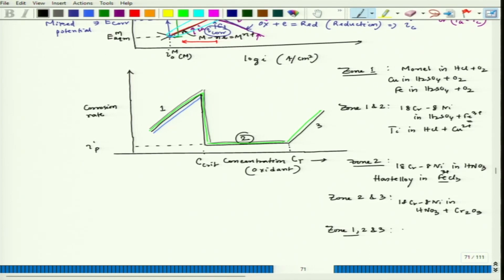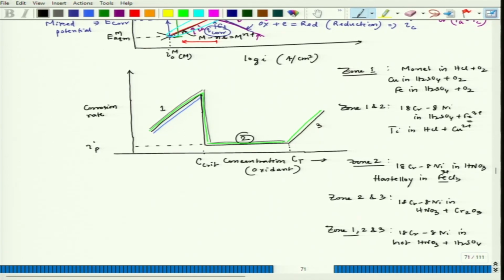In that case, we can have an example, 18 chromium and 8 nickel stainless steel in a hot HNO3 and H2SO4 acid mixture.